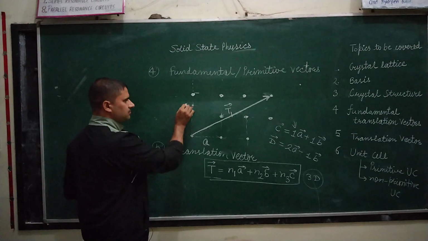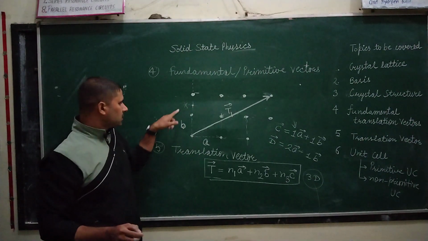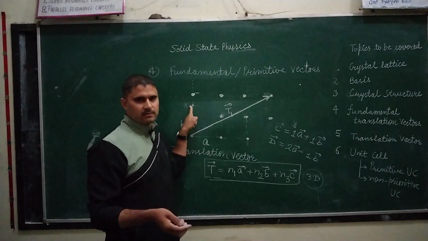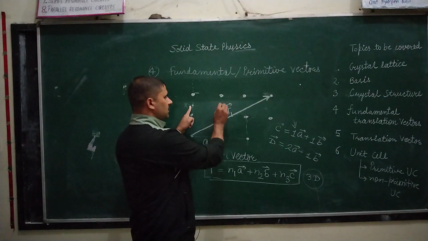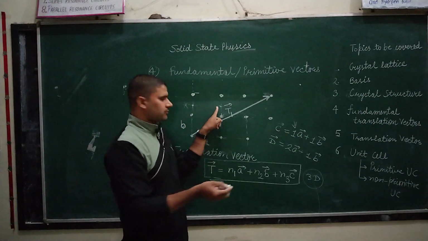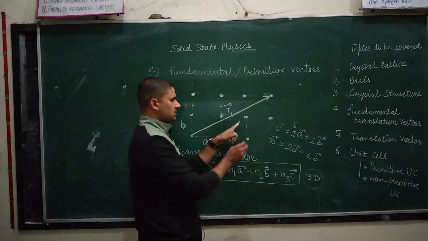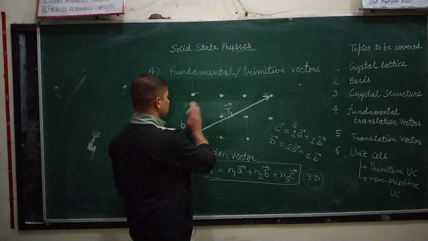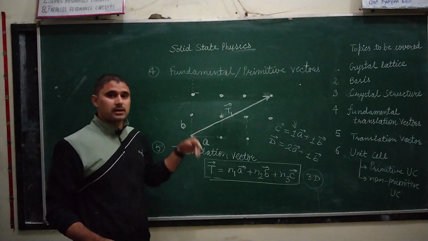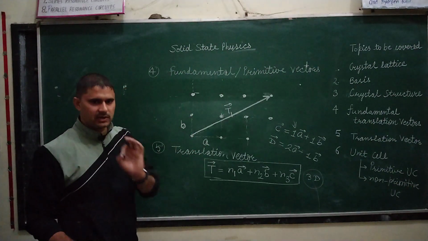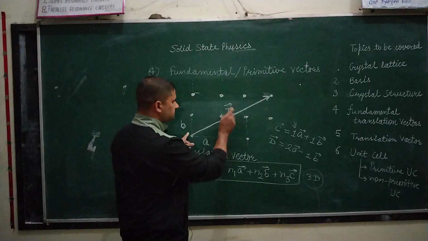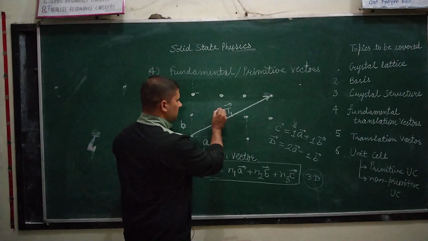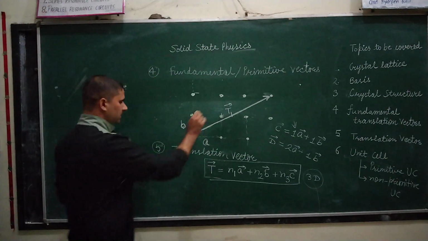If a particle is there, it becomes amorphous, because there is no definite arrangement. So in a crystal lattice, points are at definite positions.